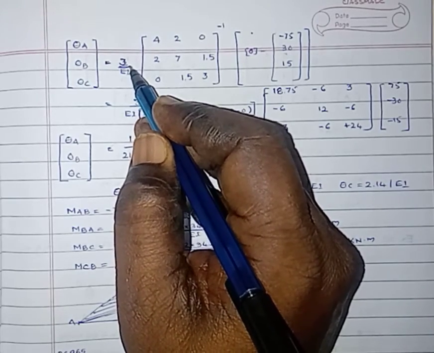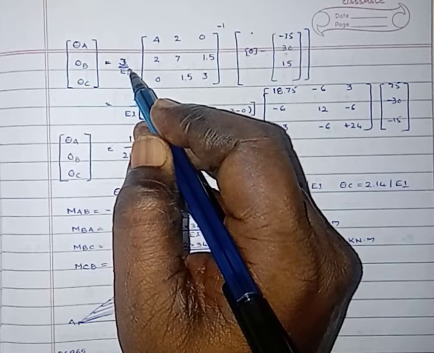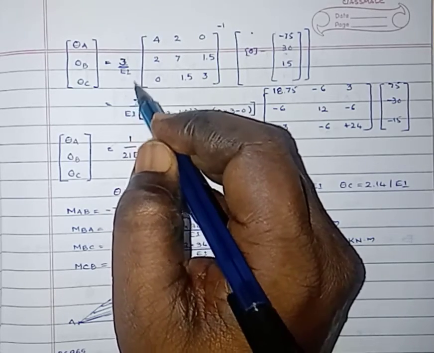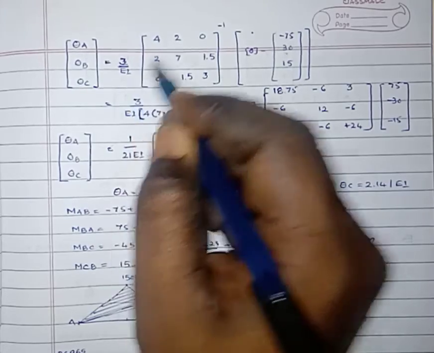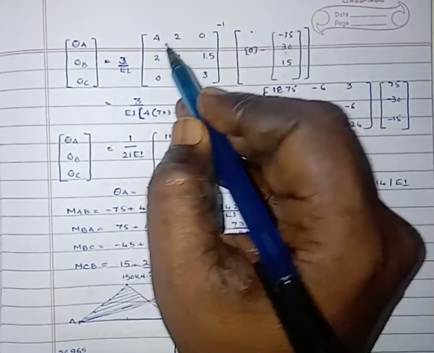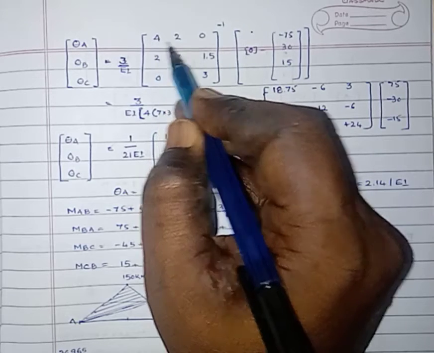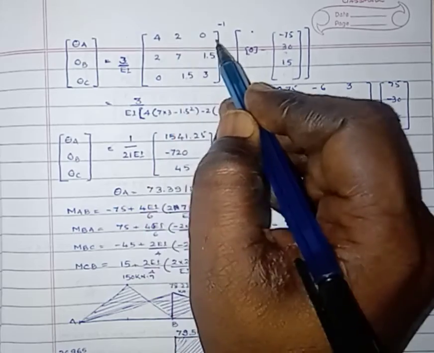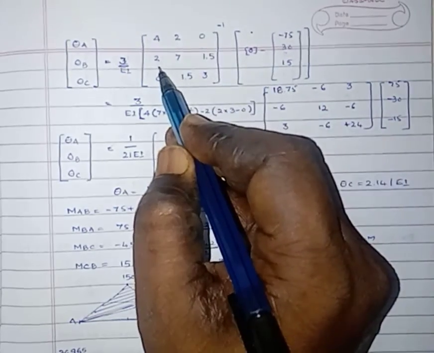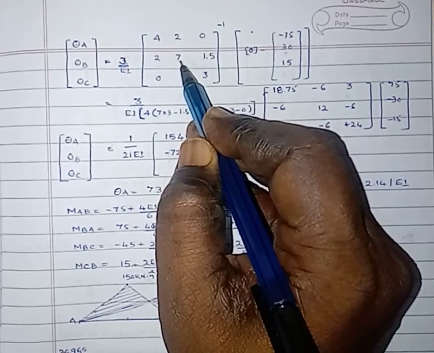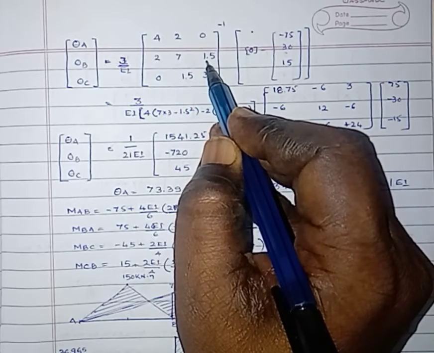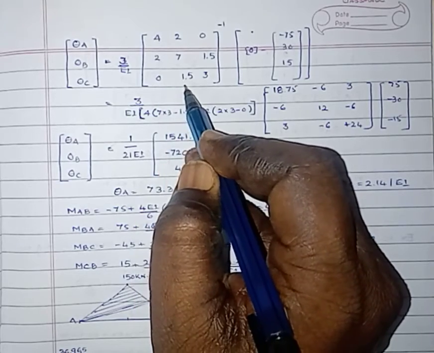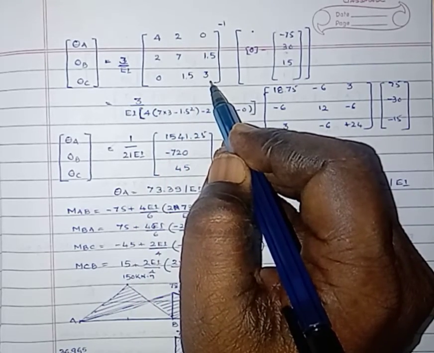Here we have taken EI by 3 as common, and the inverse of EI by 3 is 3 by EI. Then the elements are K11, that is 4, K12, that is 2, K13, that is 0, K21, that is 2, K22, that is 7, K23, that is 1.5, K31, that is 0, K32, 1.5, K33, that is 3.